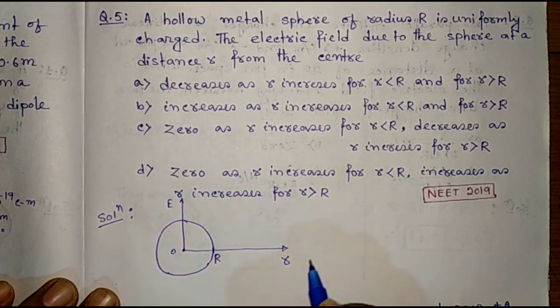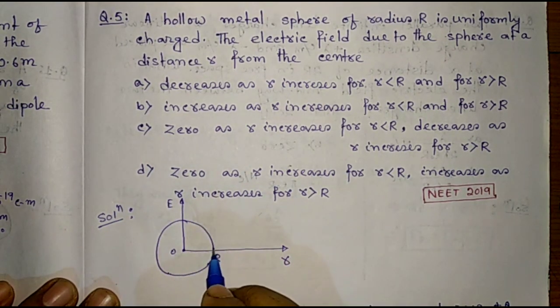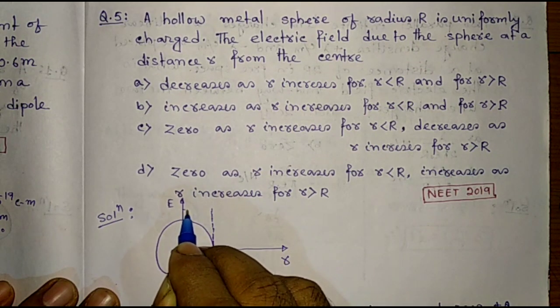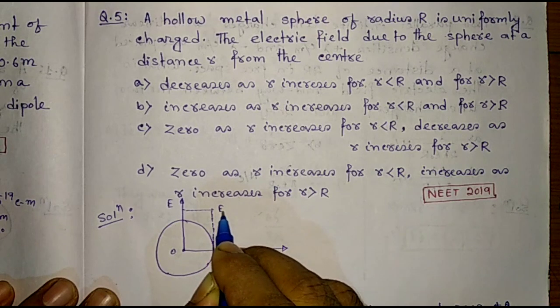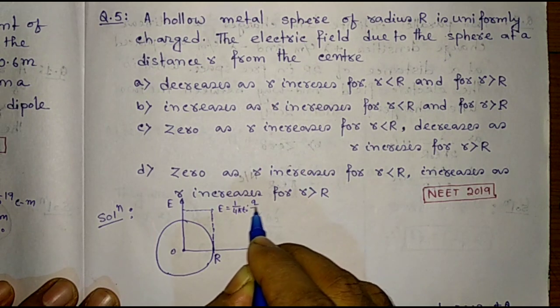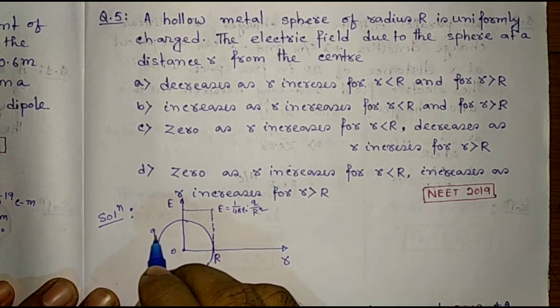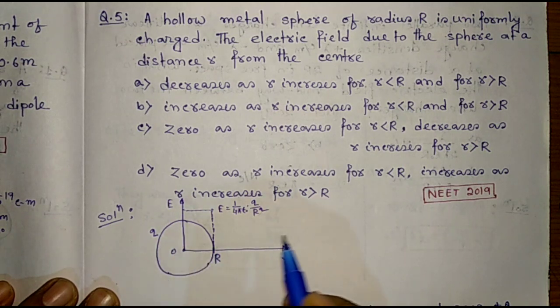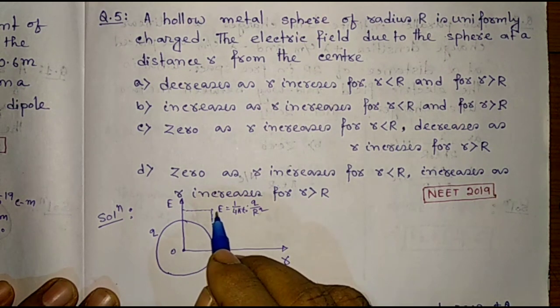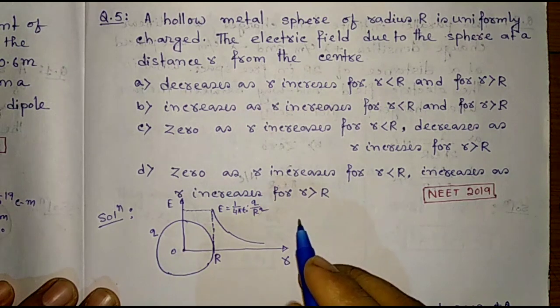Now if we draw the diagram, electric field E versus r, then at the surface of the sphere electric field is E is equals to 1 by 4 pi epsilon naught Q by R square, where Q is the charge uniformly distributed over the surface. Now r is the distance from the center. When r increases, the graph shows like that.